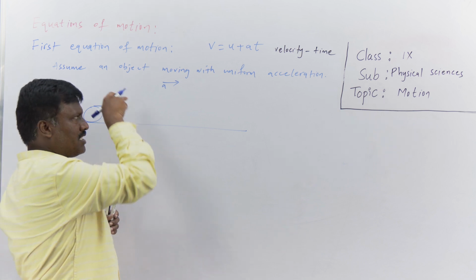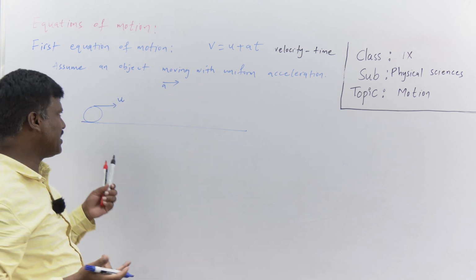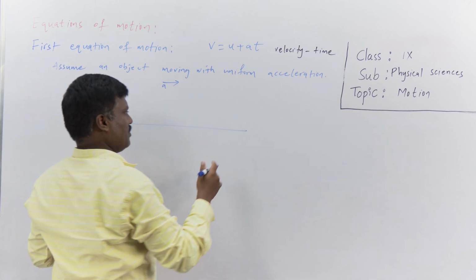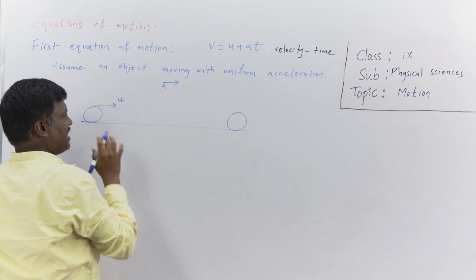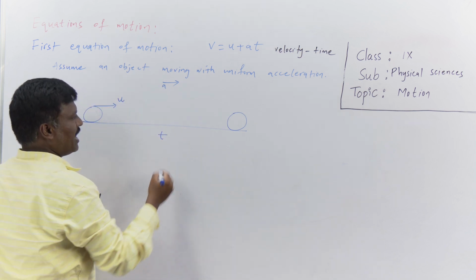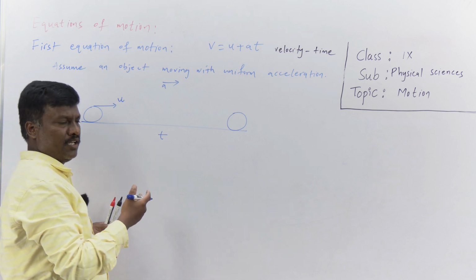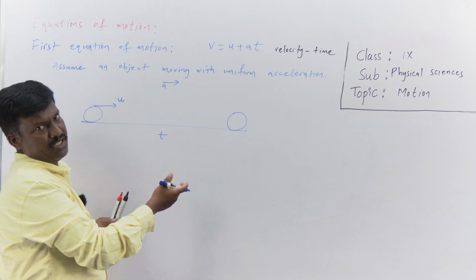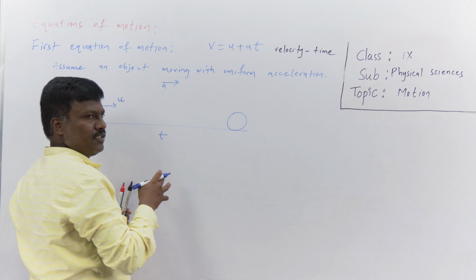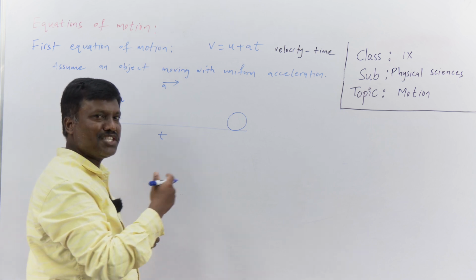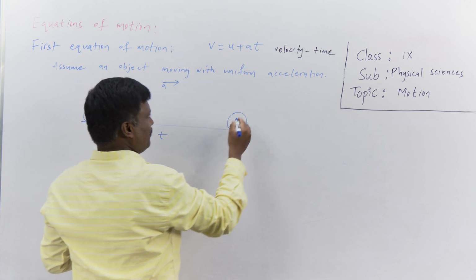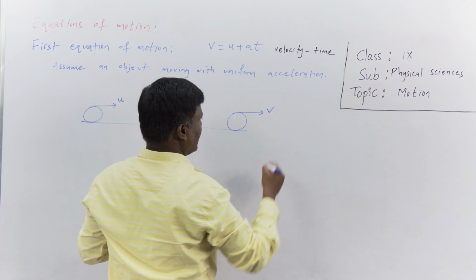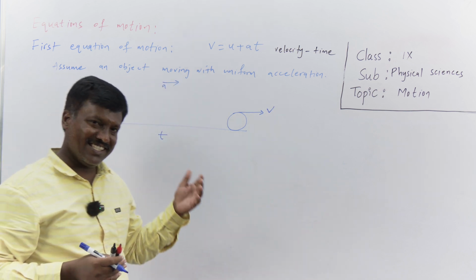Speed of the object in one direction is also called velocity, so sometimes it can be said speed also, because here the object is moving in one direction. After some time t, maybe after 5 seconds, 10 seconds, 15 seconds, or 1 minute, or 1 hour, the object is not moving with the same velocity. The velocity has changed. After a certain time, the velocity of the same object is not u, it has changed, it is v. Change is of two types, either increase or decrease.